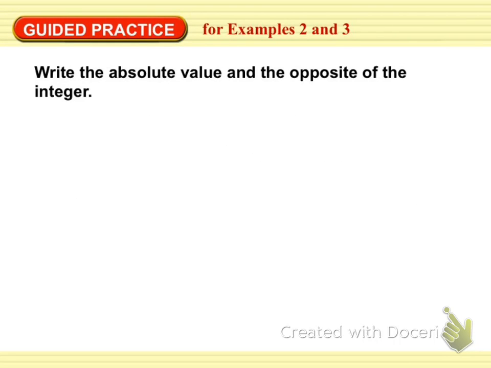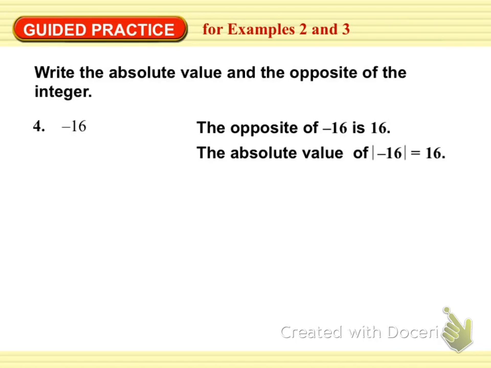Okay, in this example, we're going to write the absolute value and the opposite of the integer I give you. So for -16, the absolute value of -16 is 16, because it's 16 units from 0, and the opposite of -16 is also +16. Somehow when you're doing this on a test or an assessment, you have to indicate which one is which.